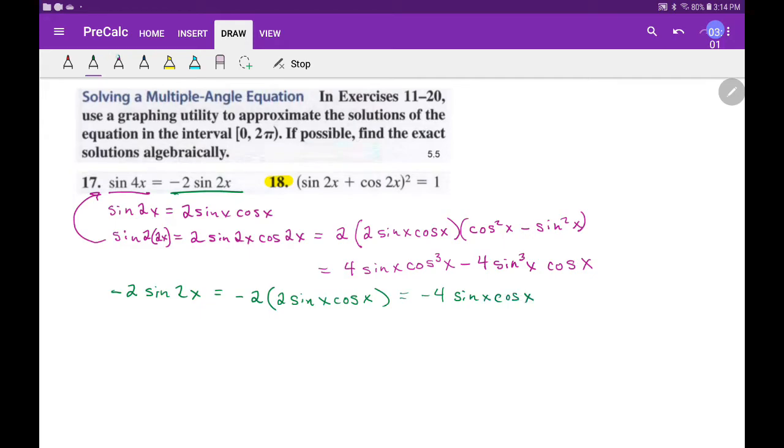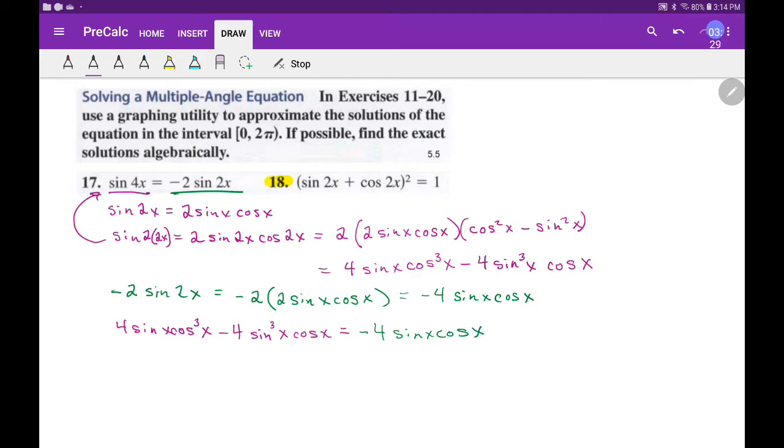All right, so let me write the whole thing again. I have 4 sine x cosine to the third x minus 4 sine to the third x cosine x is equal to the other side, which is negative 4 sine x cosine x.